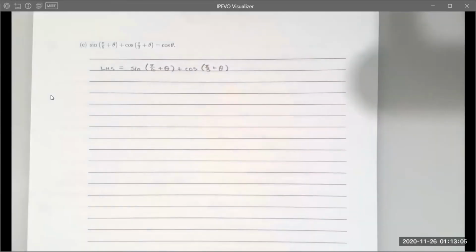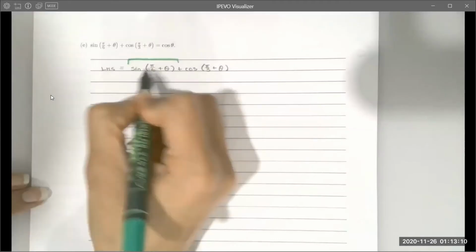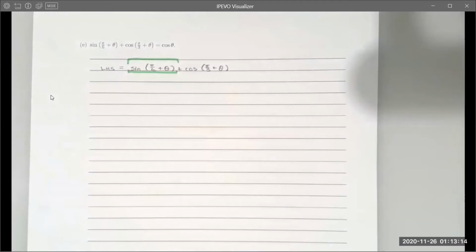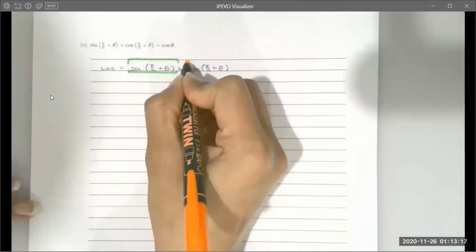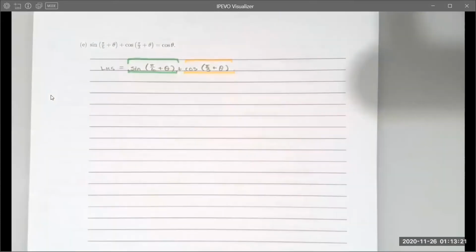Because it's going to get a little complex, I'm going to color code the terms, and I'm going to start by focusing on the first term, the sine of pi over 6 plus theta.